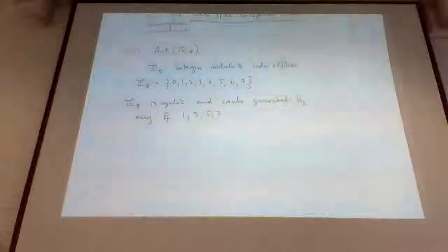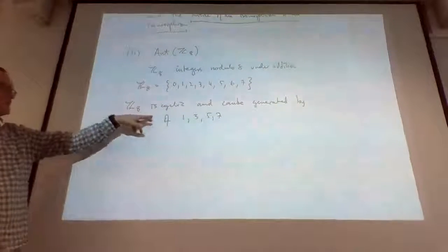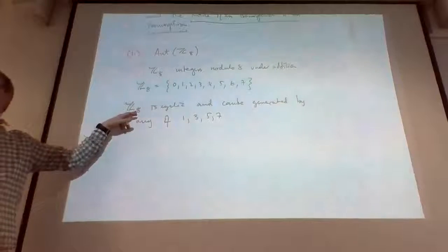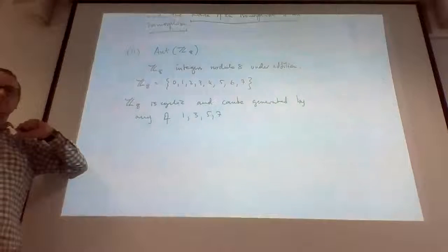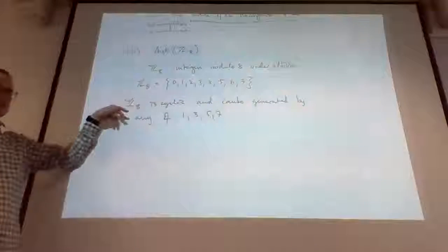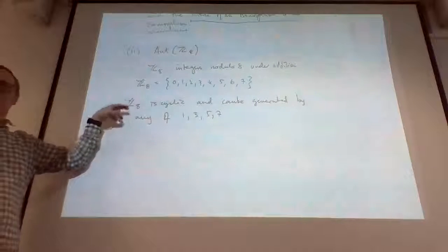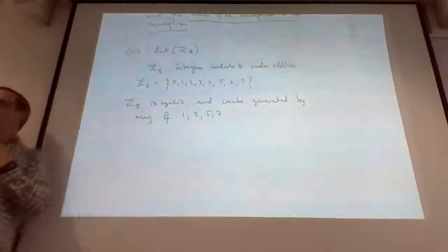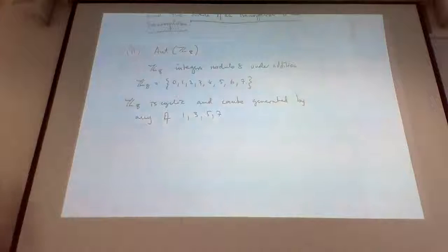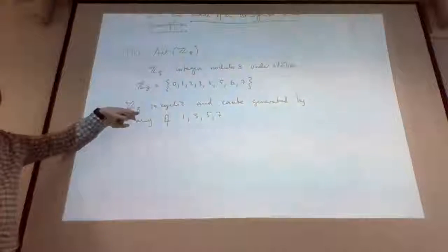In general, the additive group Zn has generators if it's any element that's co-prime to n. This came up in an earlier question, remember? You were asked to prove this in an earlier question on this paper. D is a generator if D is co-prime to 8.